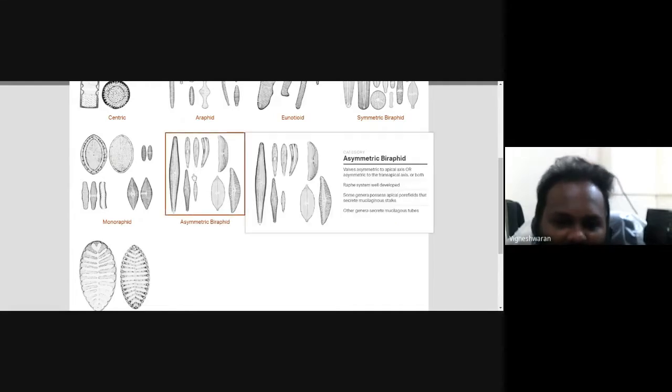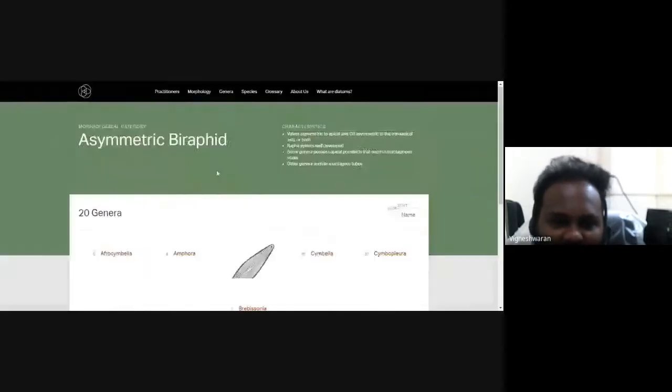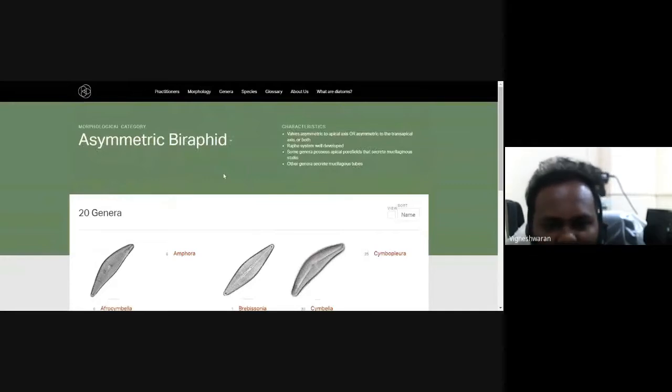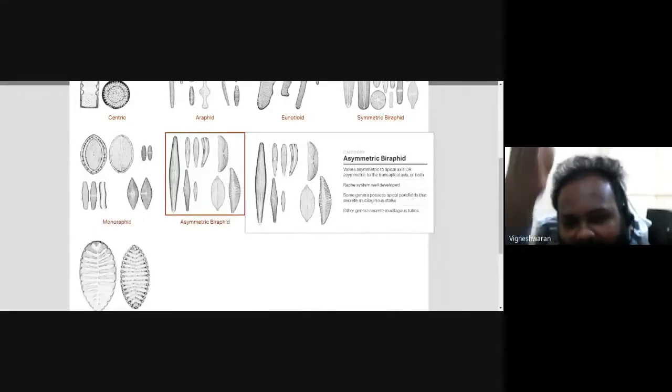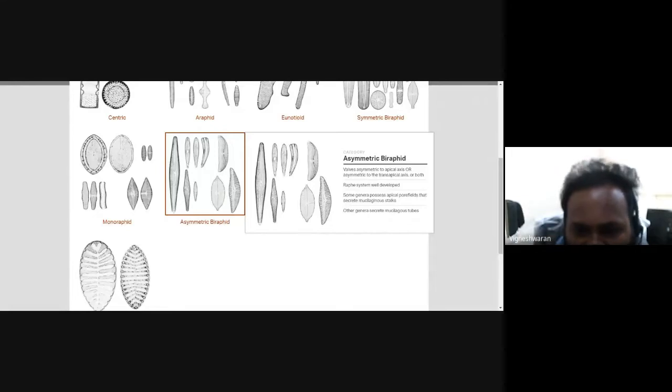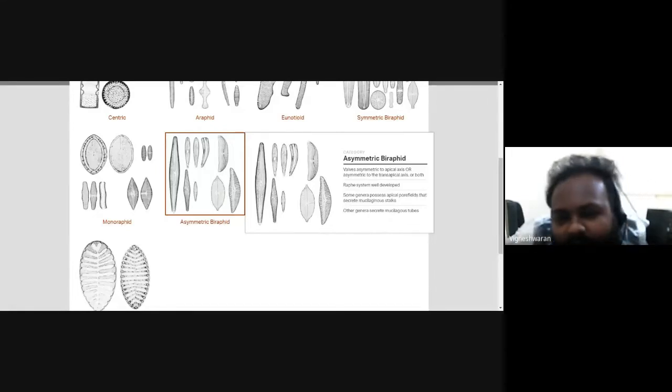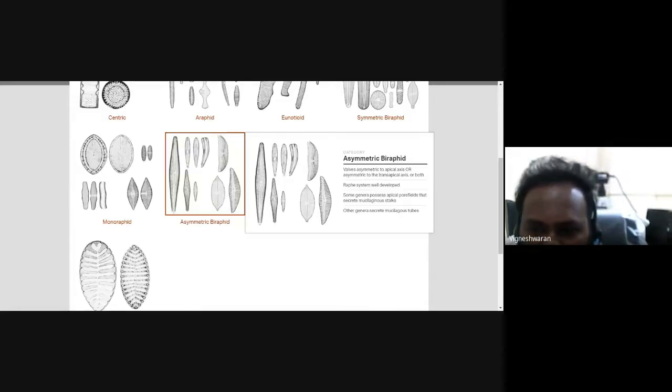And another one, this is asymmetrical biraphid. If we cut this diatom in the middle horizontally and vertically, it will not come as clear equal pieces. They will not be equally spread, so it is asymmetric.